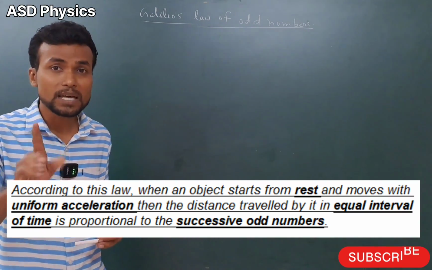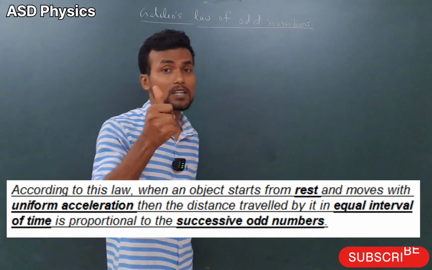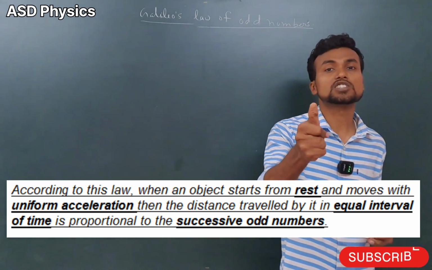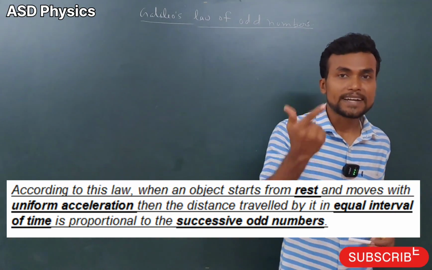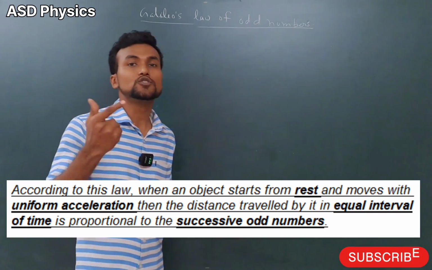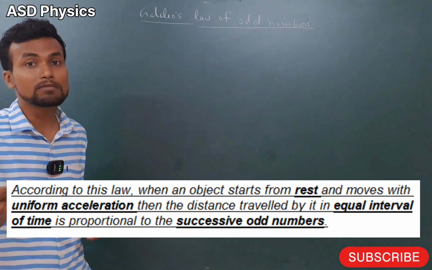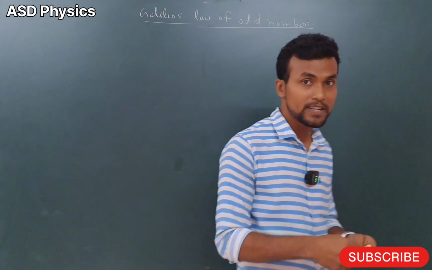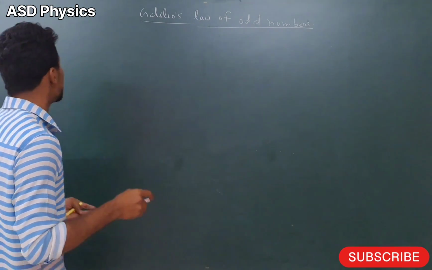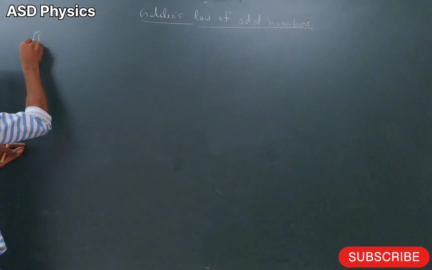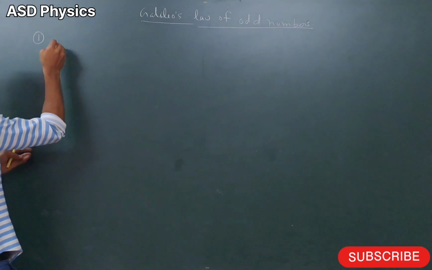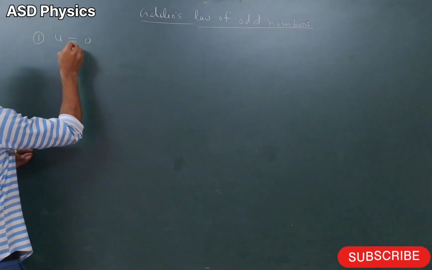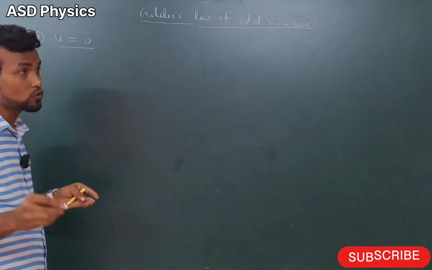Here the keywords are: first, the object should start from rest; second, acceleration should be uniform; and the time interval should be equal. Let me write the important points. The object should start from rest, so u equal to 0.